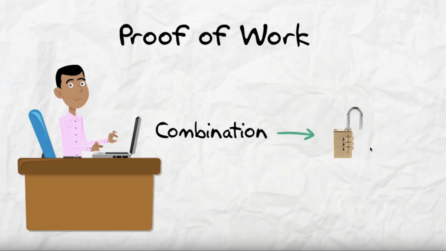And the way I like to look at it is kind of like a lock. It's very difficult to guess the combination to this lock because there's a lot of different combinations and you'd have to spend a lot of time, maybe a lot of resources to figure out what the combination is. But once you figure it out, you open the lock, obviously. Now, the same thing happens with a miner.